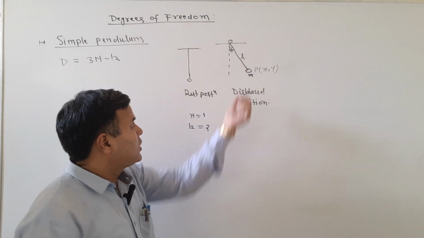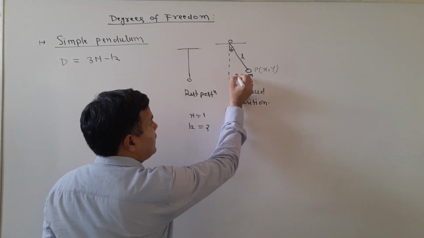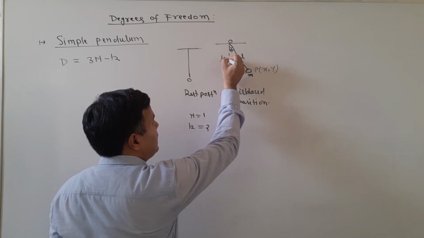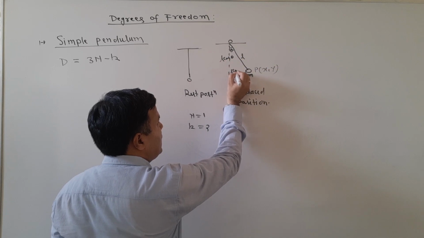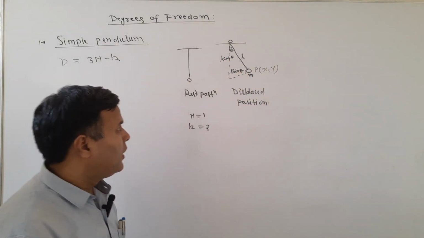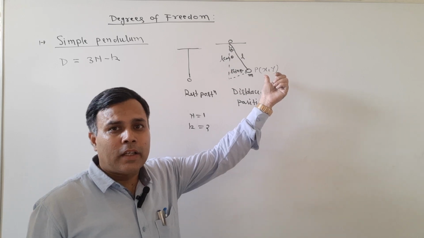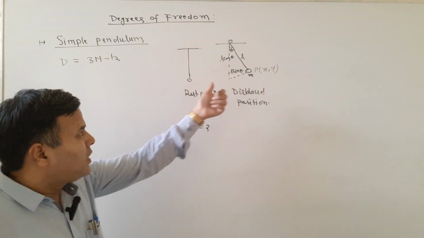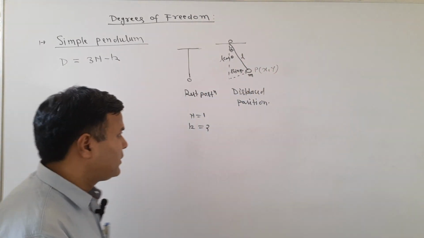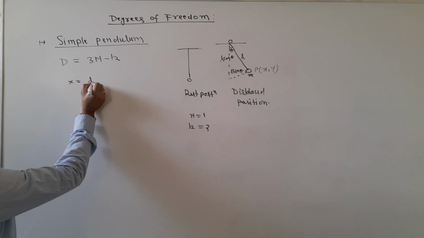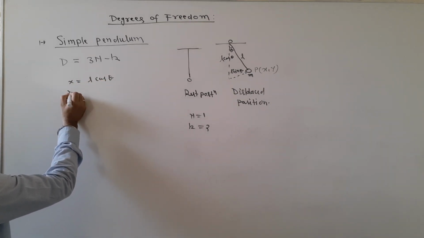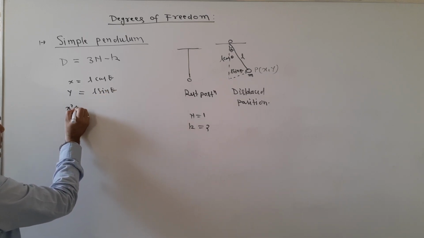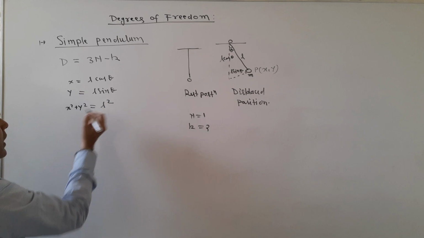Let's say this is L cos theta, and this is L sin theta, and this is the xy coordinate, the reference system. So what is the relation between x and y? x is L cos theta and y is L sin theta. So x square plus y square is L square.